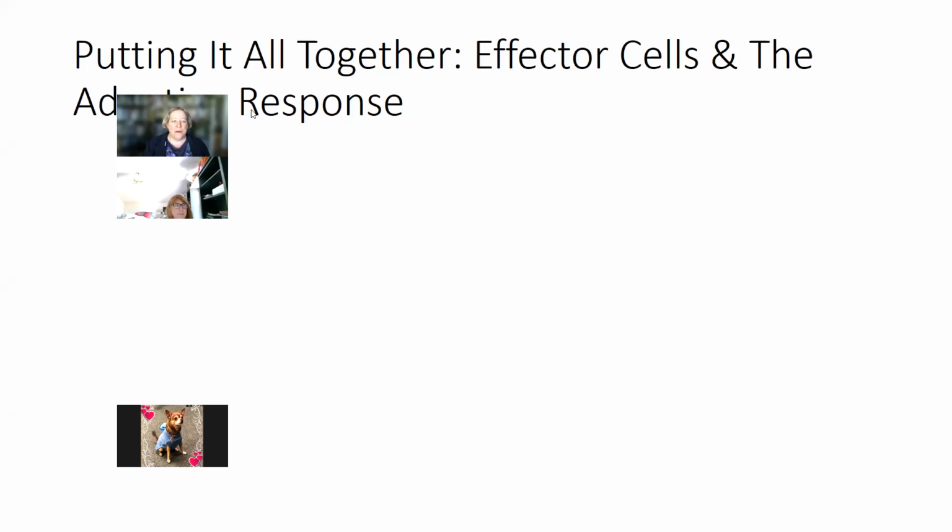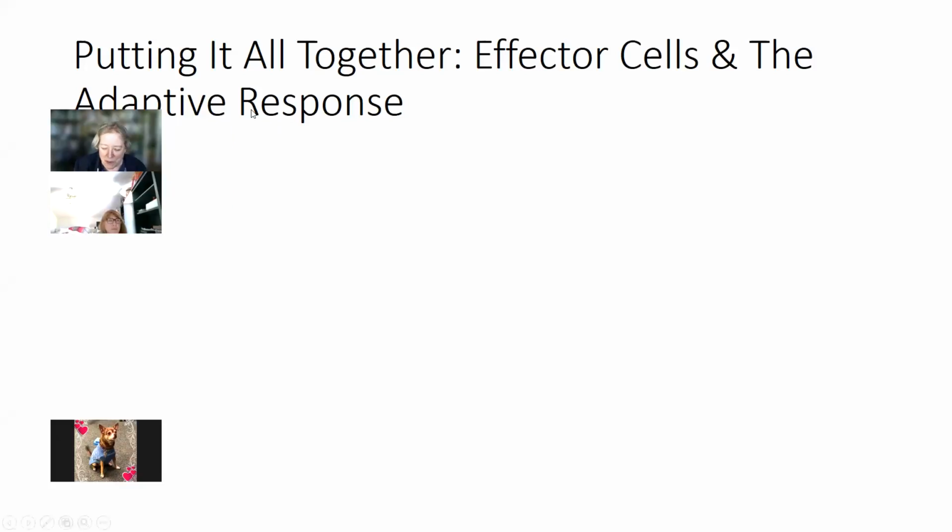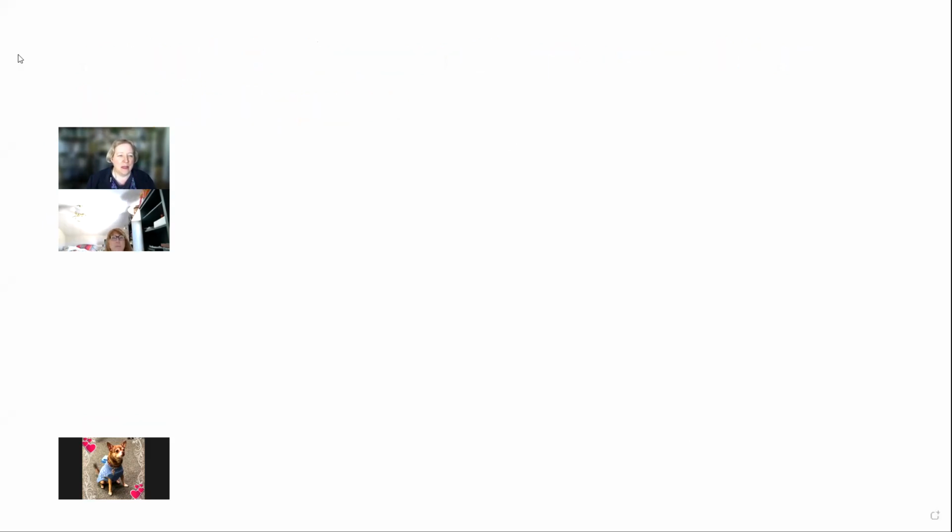Okay, so first off, we're going to talk about effector cells and how they lead to the adaptive immune response. And in the meantime, we will go over very, very briefly how we got to this point. Okay.